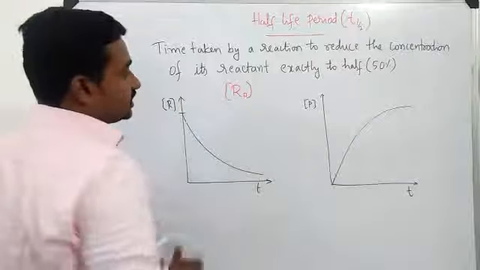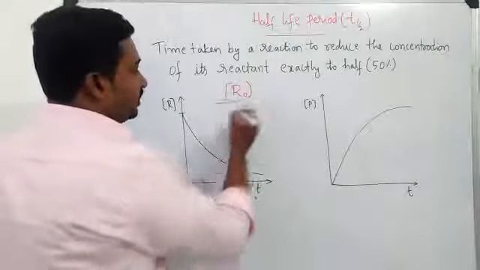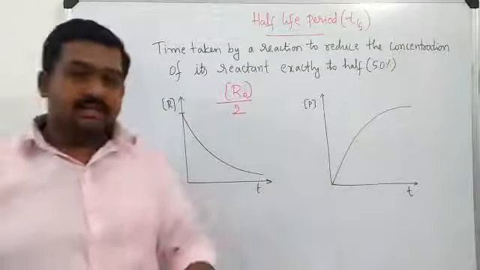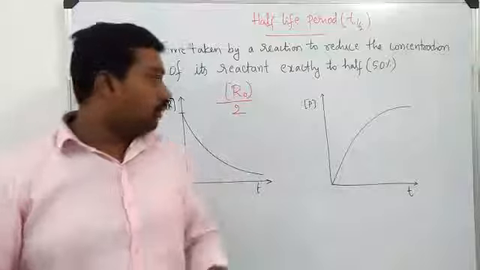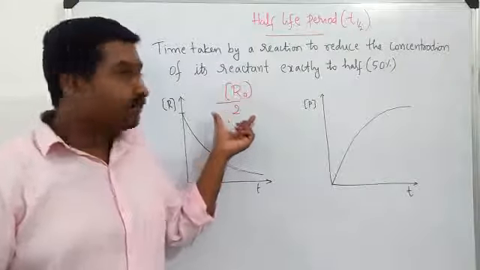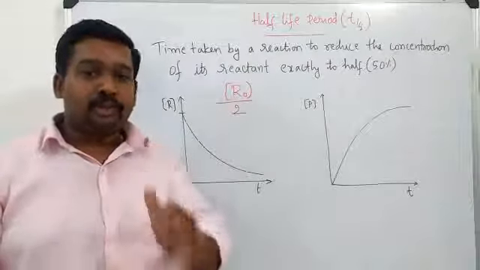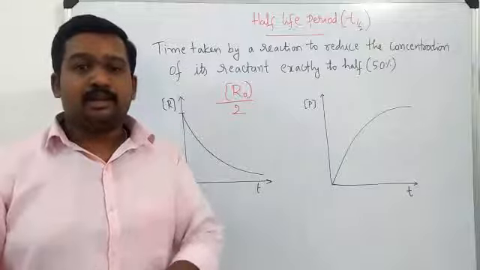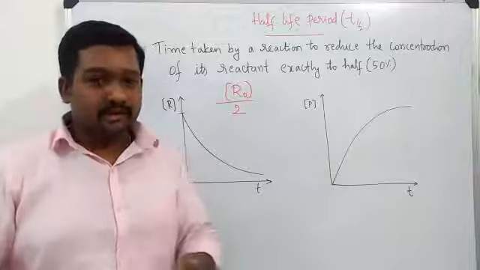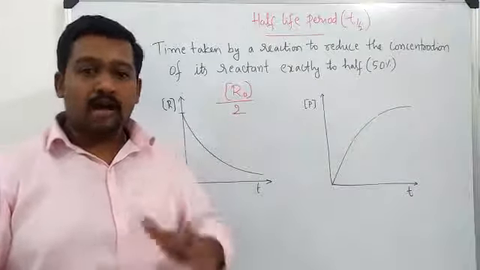If this is the concentration initially, after half-life, the concentration left will be R0 by 2. So whatever time is taken for the reduction of the amount of reactant exactly to half the quantity, we call that time interval the half-life period of a reaction. So time taken to decrease the initial concentration of a reactant exactly to its half is called half-life period of a reaction.